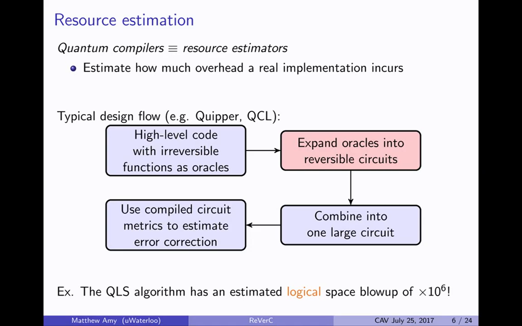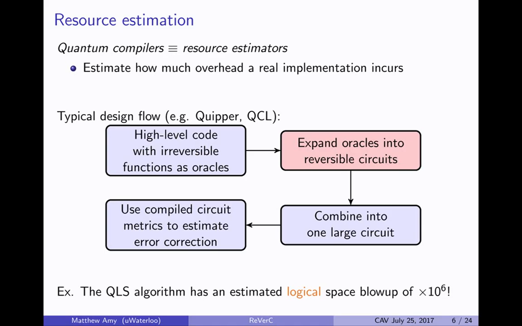So a typical design flow for figuring out the resources required for a quantum algorithm is you would write out high-level code, using irreversible operations, for example. Then your compiler would turn these irreversible functions into reversible circuits, combine everything together, and then spit you out a circuit, which you can then use to estimate the amount of error correction you need, which will be more overhead.